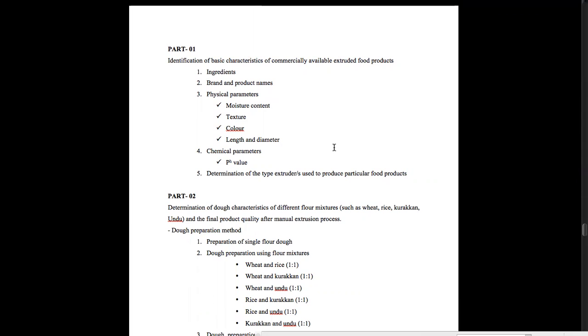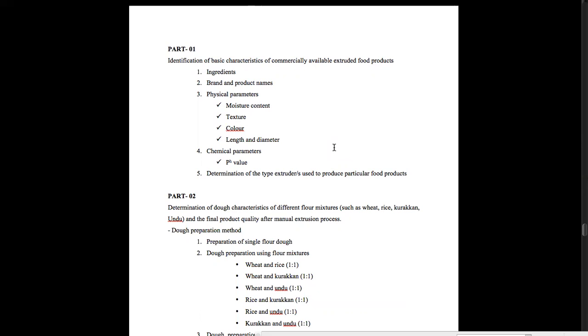Based on the extruder type, shear force, temperature, and raw materials, we can find different types of products. For example, pasta, noodles, and spaghetti-like products have different shapes and textures. Therefore we need to select the proper extruder.